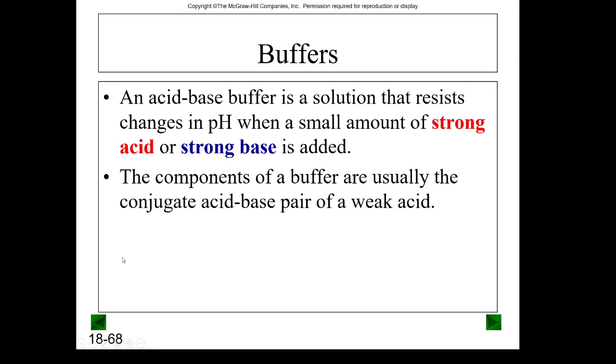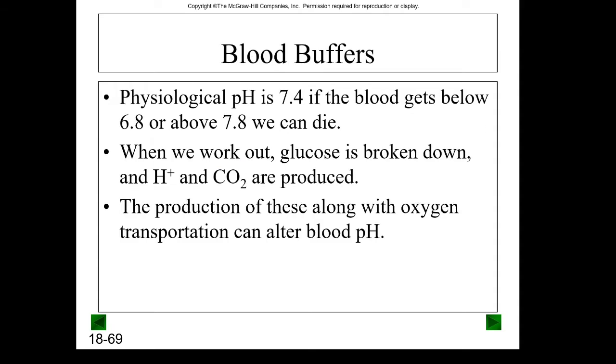We talked about buffers. Buffers contain conjugate acid-base pairs. Blood buffers, as I mentioned in a previous conversation on the board, our pH is 7.4.